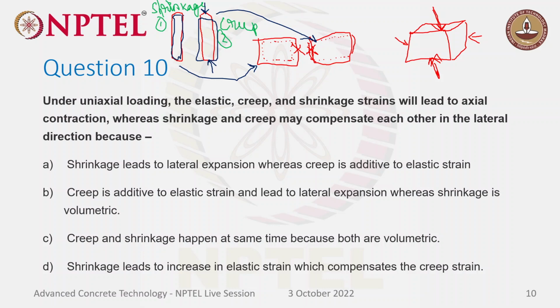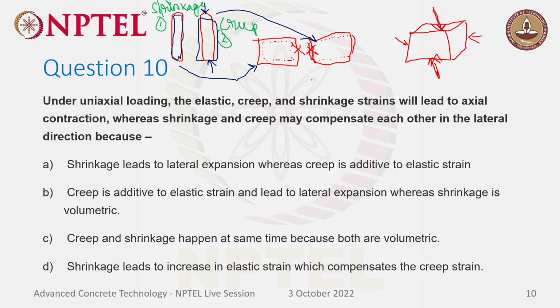On all sides there will be shrinkage, so in the lateral direction there will be a reduction in size. But when it comes to creep, in the lateral direction there will be an increase in the dimensions of the column. So obviously, if there is a decrease and an increase, they will compensate each other, right? That's what I was trying to explain here. I hope you got it.